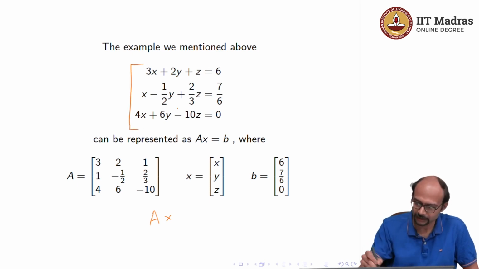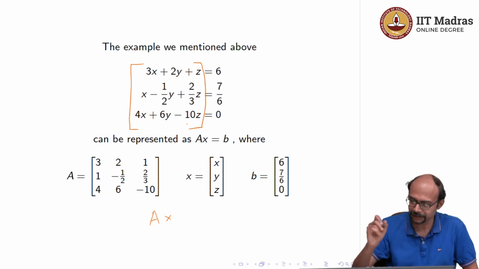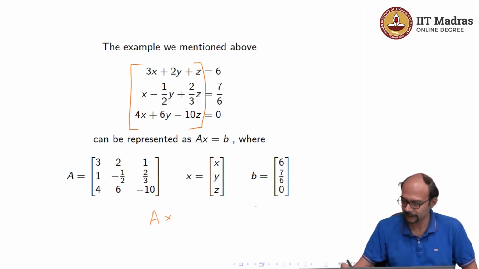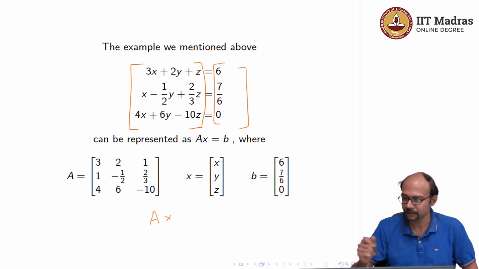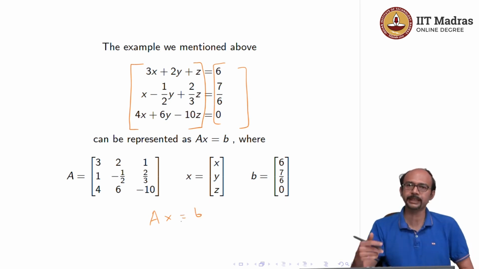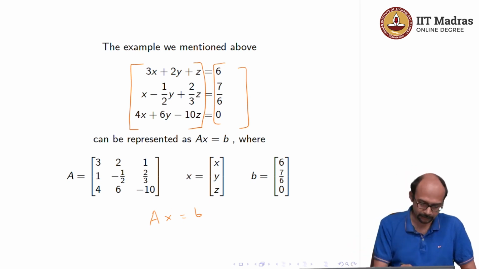This is A times X, and this thing on the right is B. And what is this system of linear equations saying? It's saying AX equals B. So we have rewritten this example in terms of matrix multiplication.